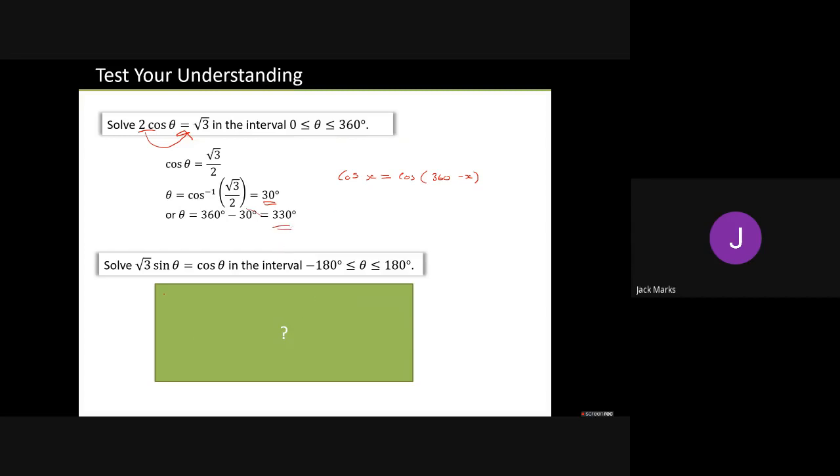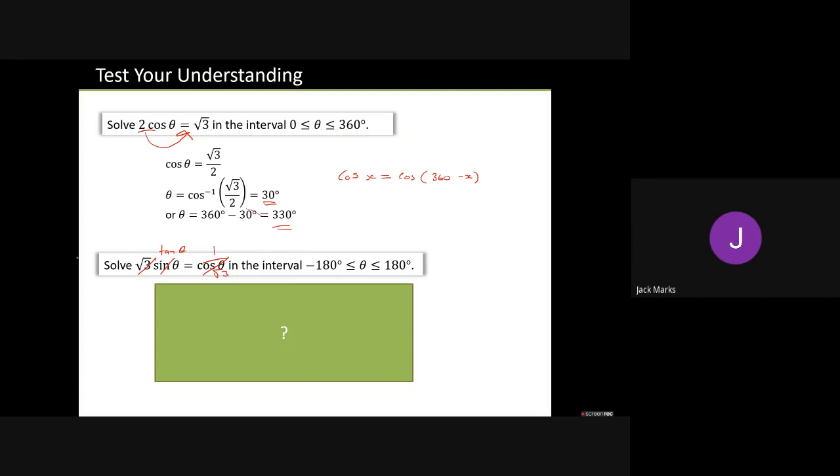Same again, pause the video, have a go at this one here. Okay, I'm assuming you've done that now. So divide both sides by cos. That will give you 1. This will be tan theta. Get the tan theta on its own, so divide both sides by root 3. So you get 1 over root 3.